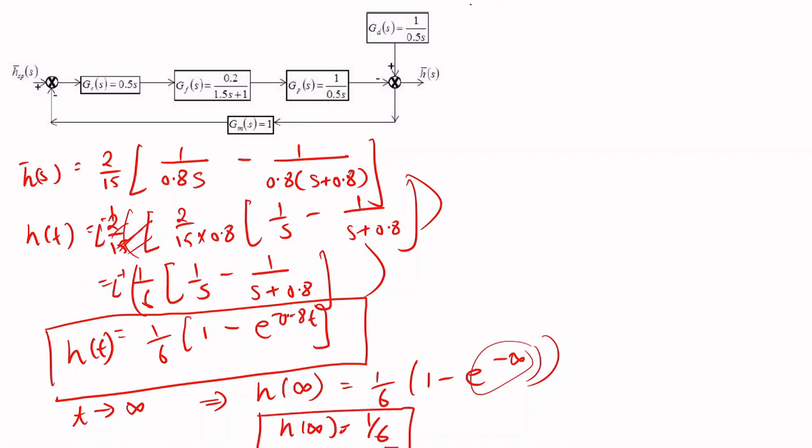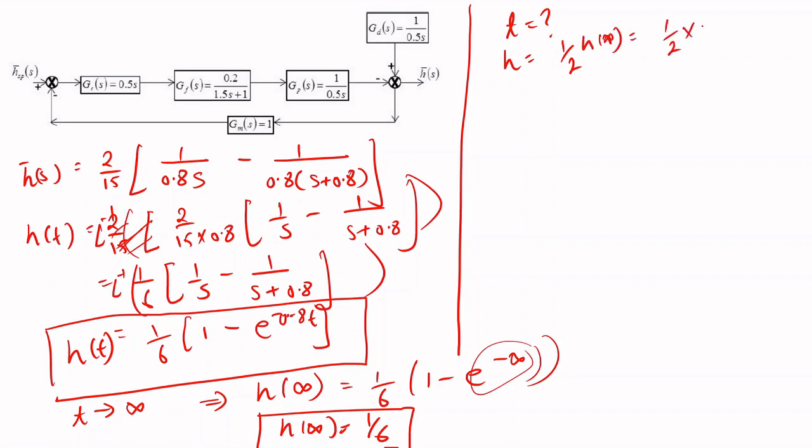Now in the given question we have to find the time at which h is half, or 50%, of the ultimate value. So it will become half of 1 by 6, that is 1/12. So we have to find the time at which the value of h is 1/12.